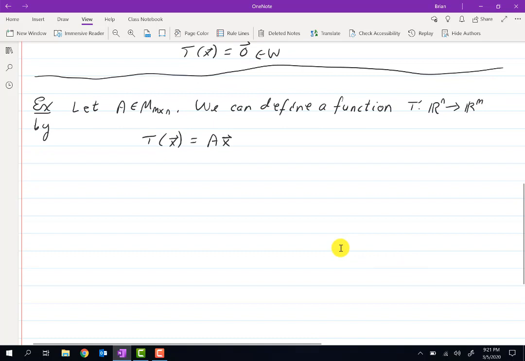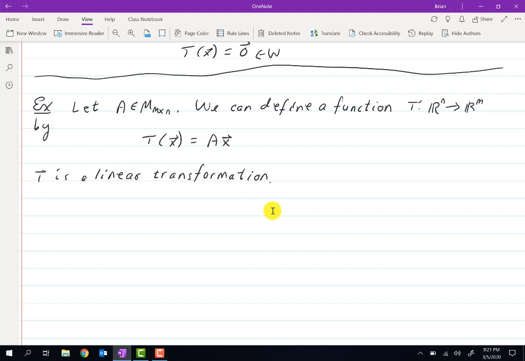Now this function here is actually a linear transformation. The way we check that is we try those two closure properties and see if they hold for this.